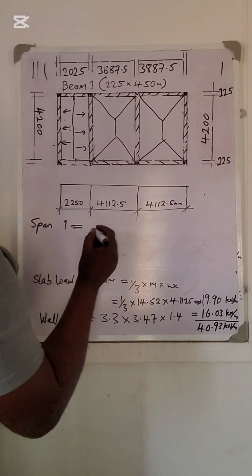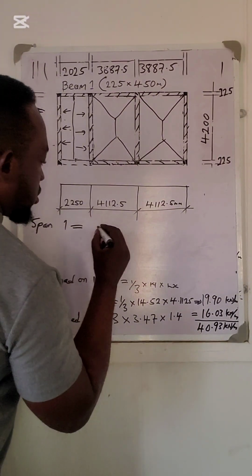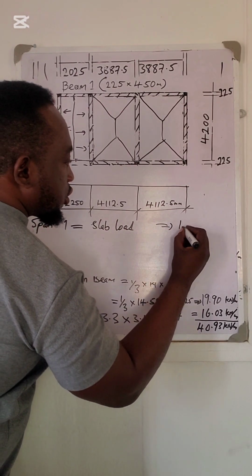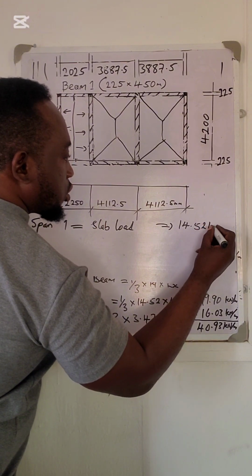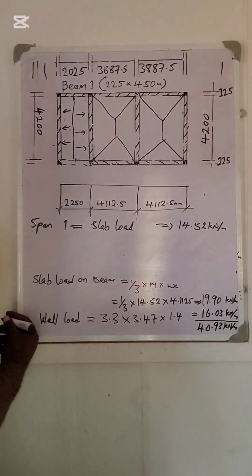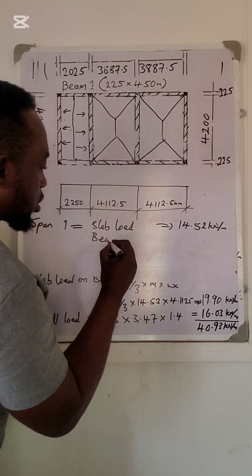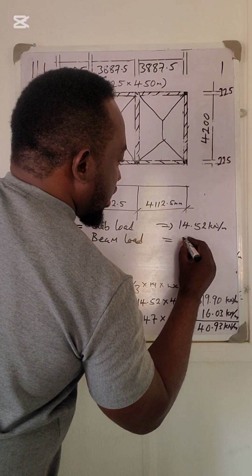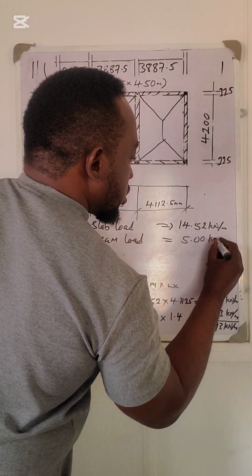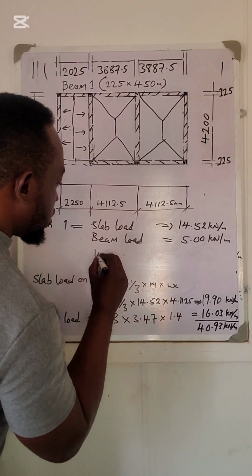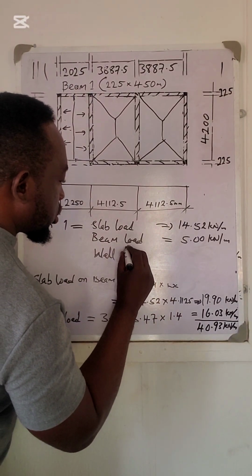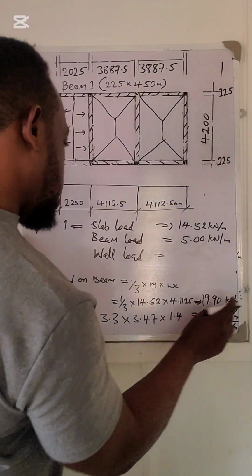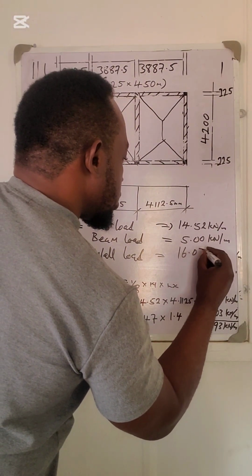Span 1. The load from the slab is equal to 14.52 kilonewton per meter. Then the beam load, as calculated, is equal to 5.00 kilonewton per meter. Then the wall load, as calculated, is equal to 16.03 kilonewton per meter.